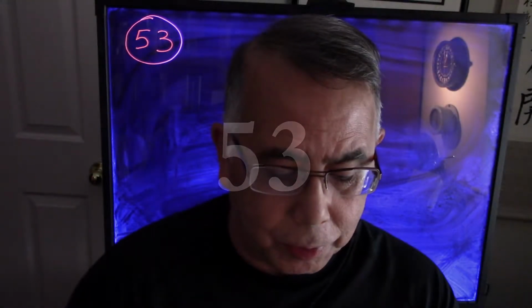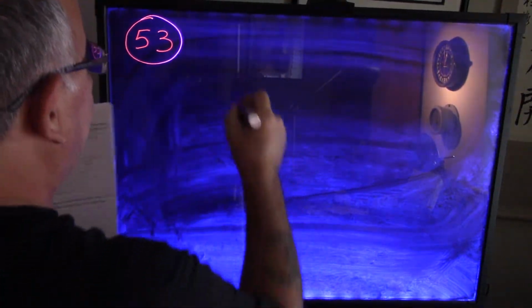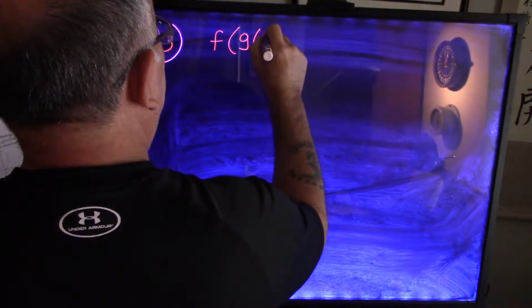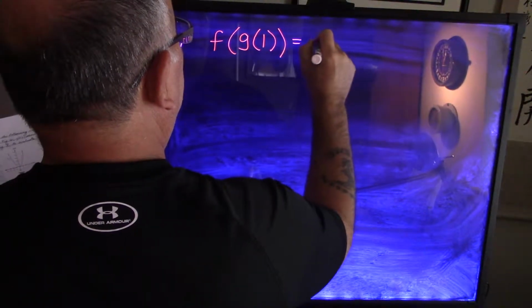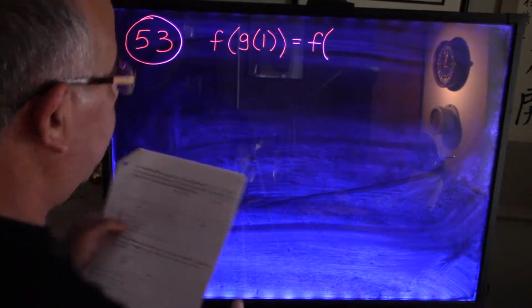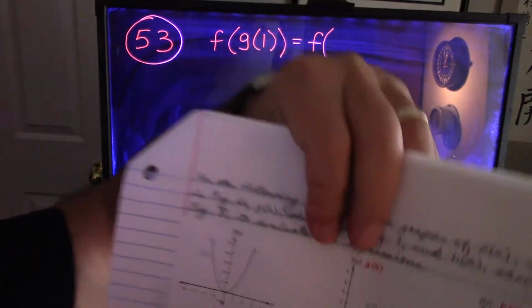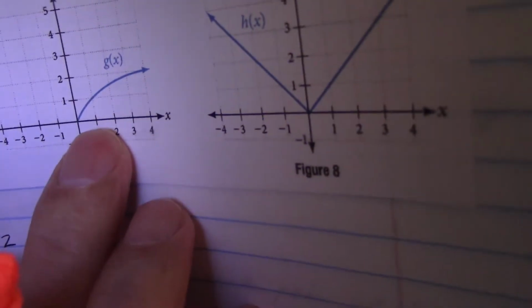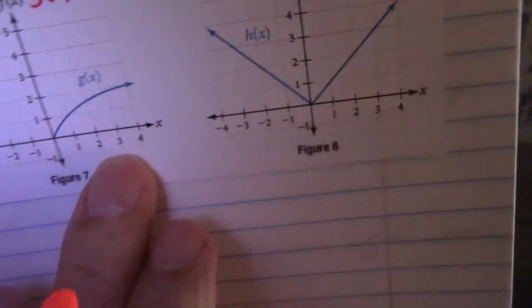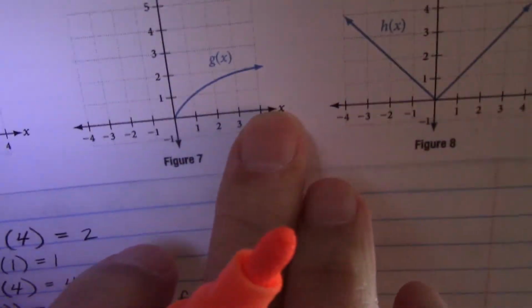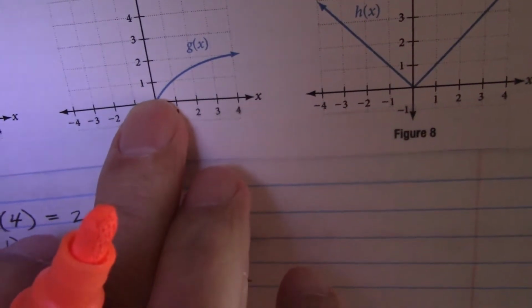Okay, number 53, we have f of g of 1. So, f of g of 1. What's g of 1? Look at figure 7. G of 1 is 1.